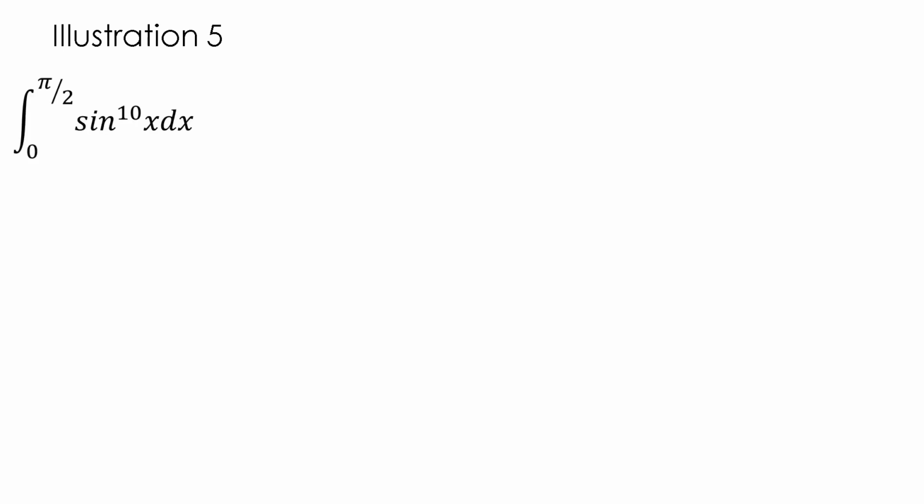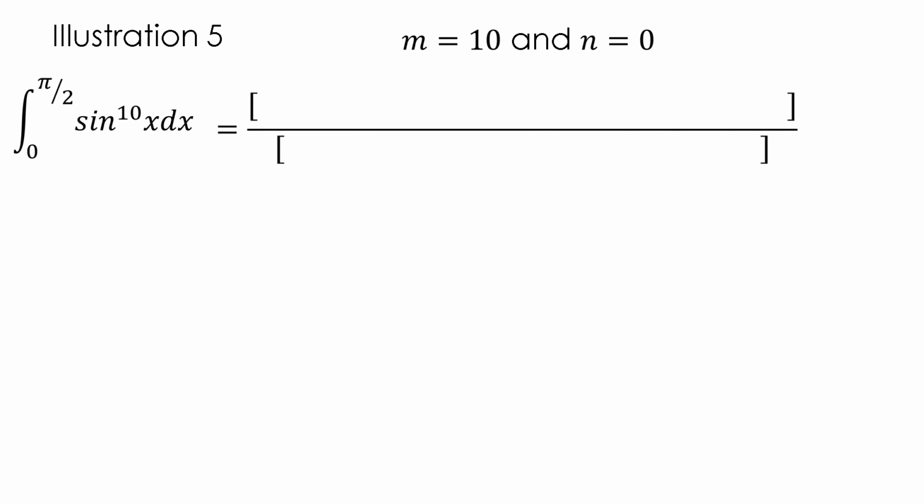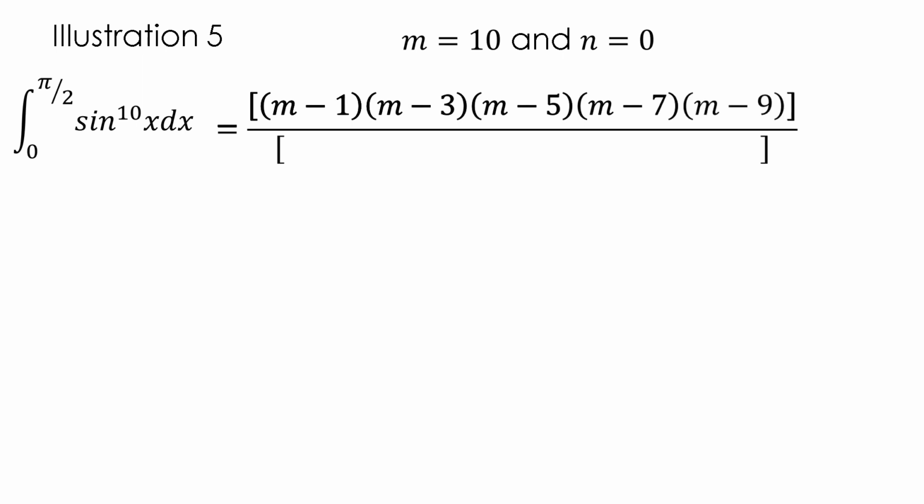The integral of sine raised to 10x dx from 0 to pi over 2 tells us that m is equal to 10 and n is equal to 0. Applying the Wallis formula, the numerator will be m minus 1 times m minus 3 times m minus 5 times m minus 7 and m minus 9.